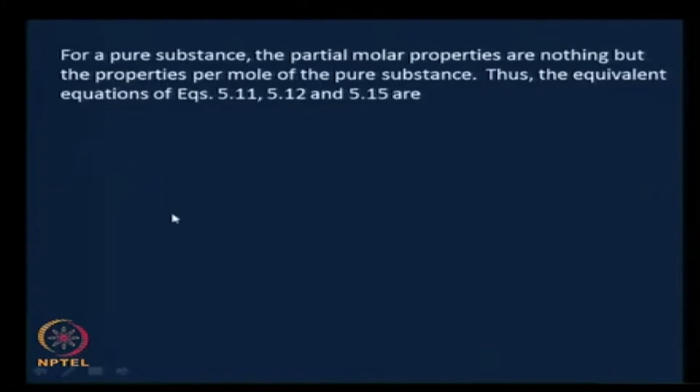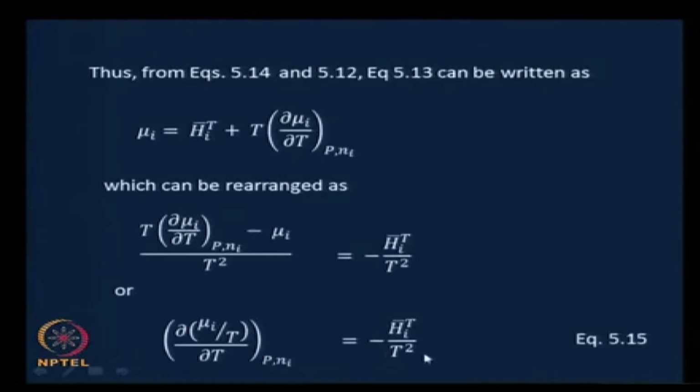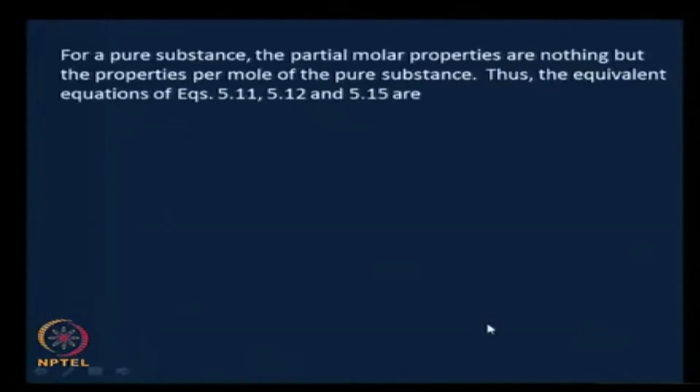The earlier equations that we had derived were for a generic system with n number of moles, and then we started to consider a pure substance. For a pure substance, we know that the partial molar properties are nothing but the properties per mole of the pure substance, and therefore, the temperature pressure functionalities of mu as well as the dou mu by T expression that we saw earlier turn out to be these special equations for 1 mole of a pure substance.